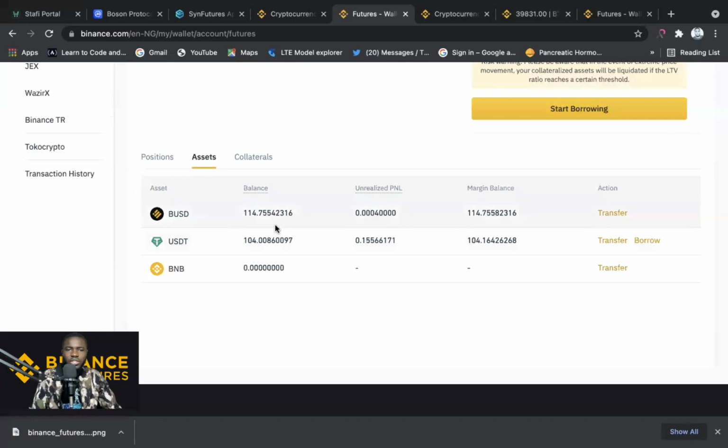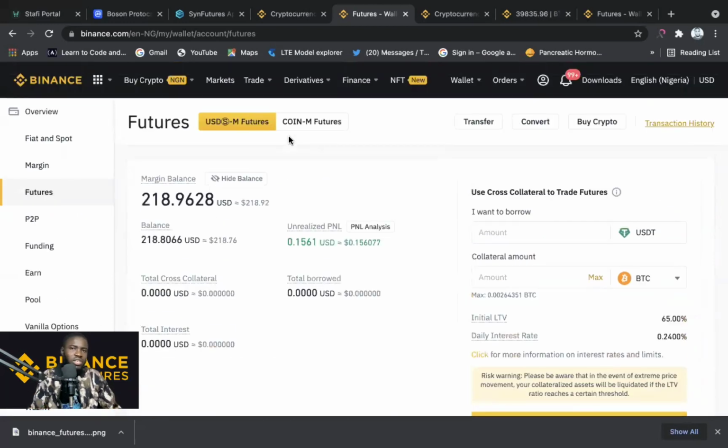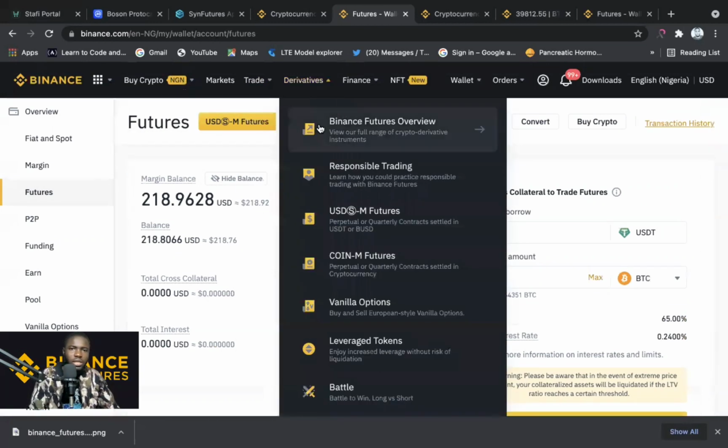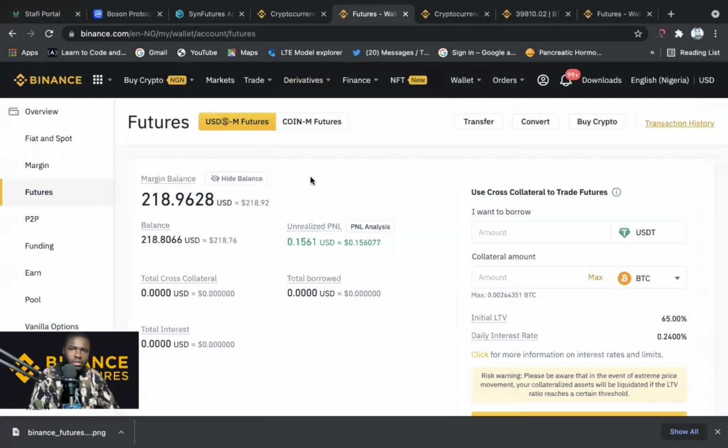Instead of allowing each position to rely on these singular balances, which are small anyway, I can simply combine the two balances together and enter positions that would both share the balance, so $218 or thereabouts instead of $100. And the more margin balance you have, the safer you are trading futures, right?